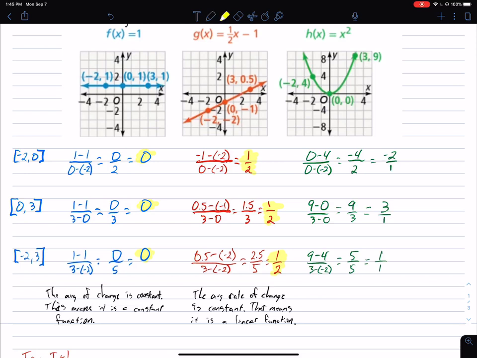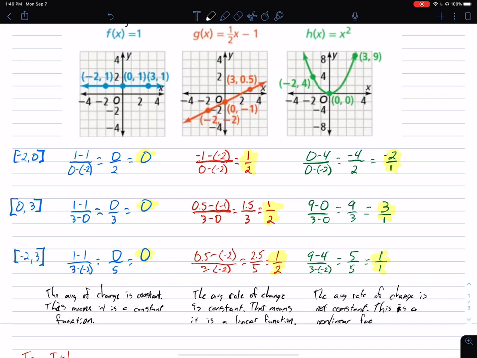Now, this third one, all right, we have negative 2, 3, and 1. Our slopes are different. All right, so our average rate of change is not constant. What that tells me is this is a nonlinear function.